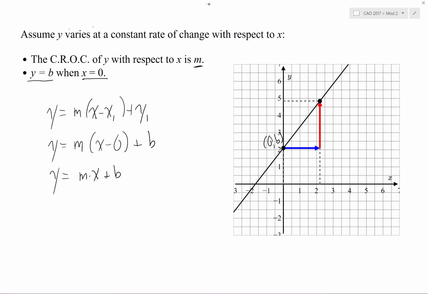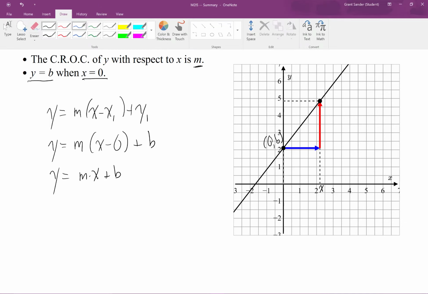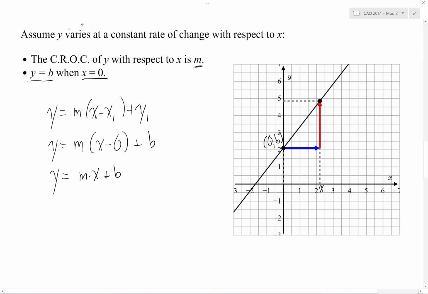Now in this scenario, if we pick any value of x, then we can imagine x increasing from 0 to x. So this change in x is really just equal to x. You can think of this as x minus 0, but that's still equal to x. So in this formula, the x can also be thought of as the change in x from 0 to x.